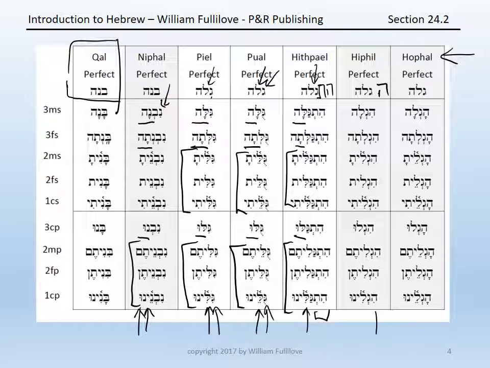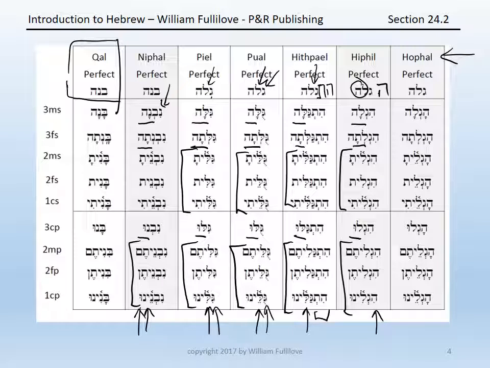You have the hi of the Hifil in the perfect, a tip-off, and the same behavior of the third he. In the third masculine singular, it becomes a mater. In the third feminine singular, it becomes a tav, and it's replaced by the hireq yod mater in the second and first person forms. It disappears in the third common plural form and is replaced by a mater in the second and first person forms.